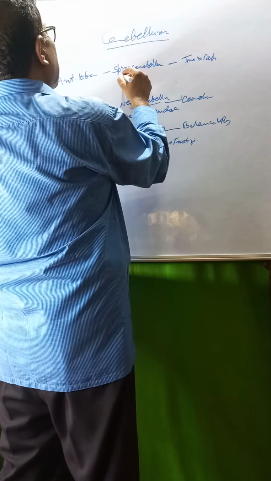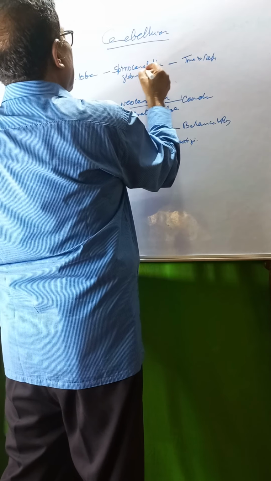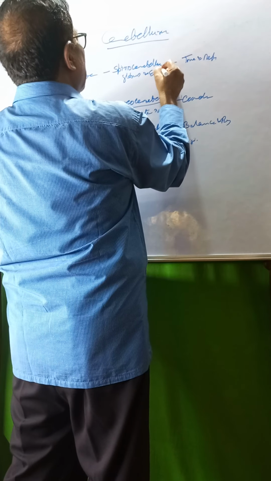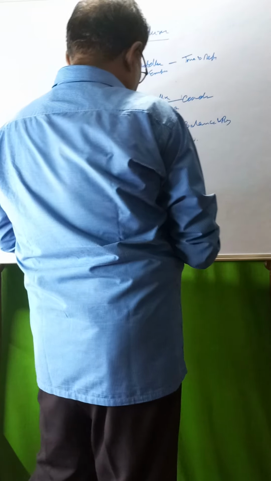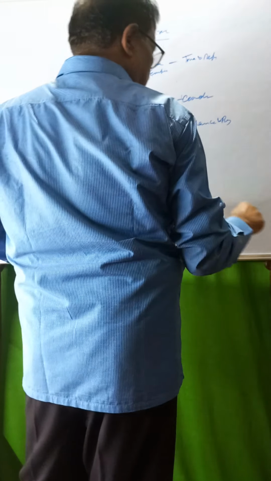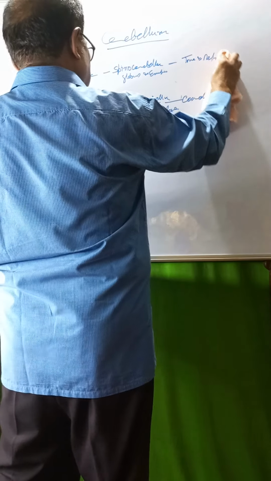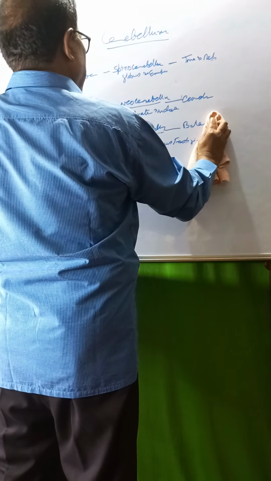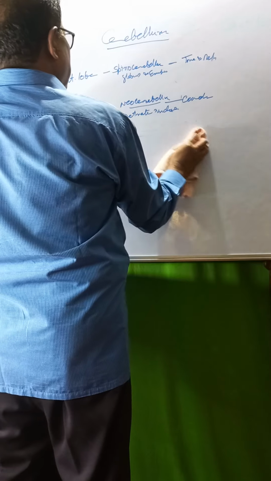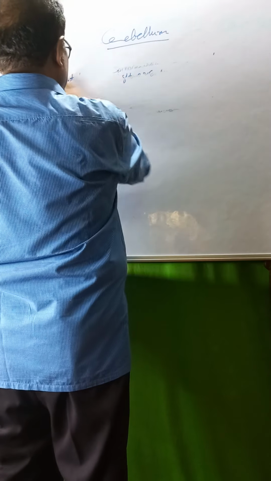And this is with globus and emboliformis, that is also known as nucleus interpositus. These are the parts or divisions of the cerebellum.